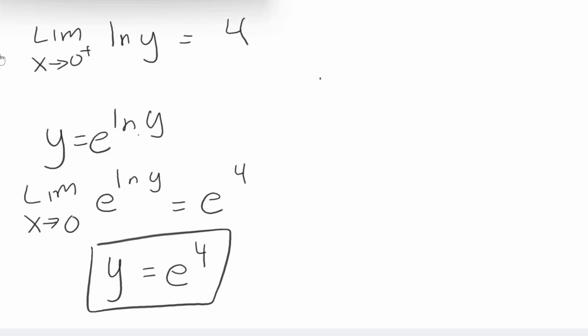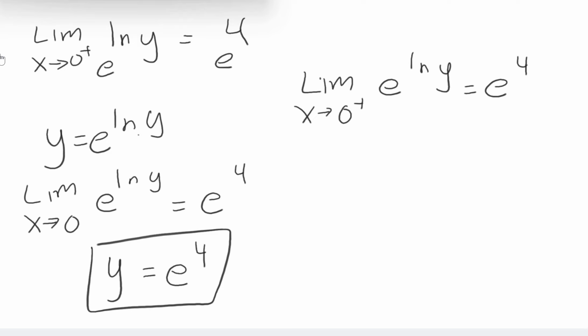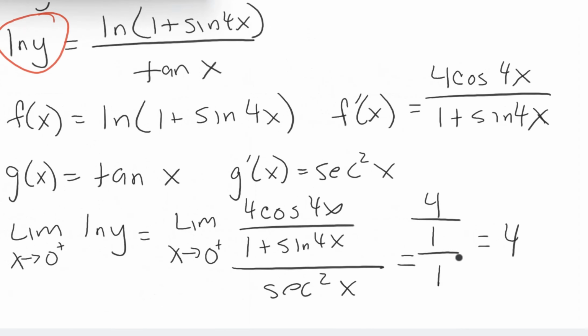So basically all we did was we took that and raised that side to the e and that side to the e. That was from the original problem. That was from the other side. That was from here. When I did the limit of this side, that was 4.